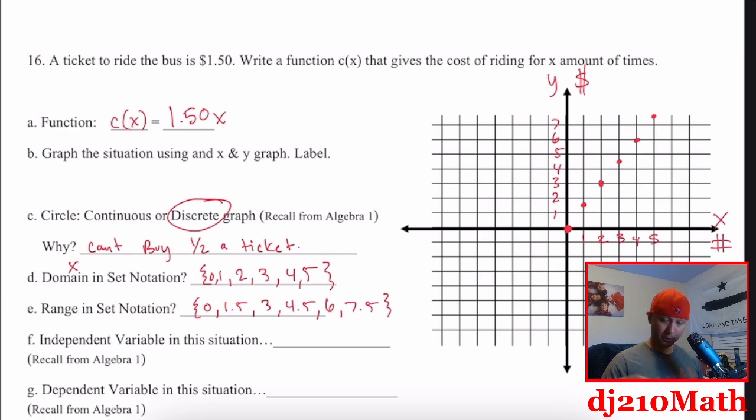The independent variable is the number of tickets. And the dependent variable is the amount, the cost. How much money did you make? Well, you got to know how many tickets you sold first. That's how the function's set up. The money depends on the amount of tickets sold.